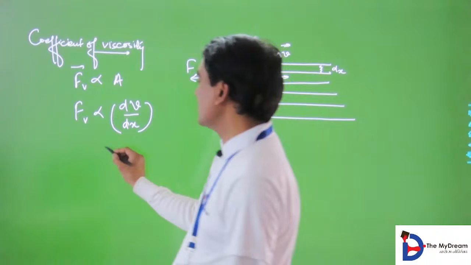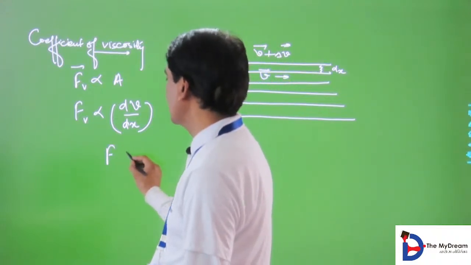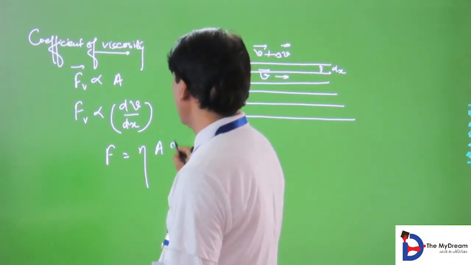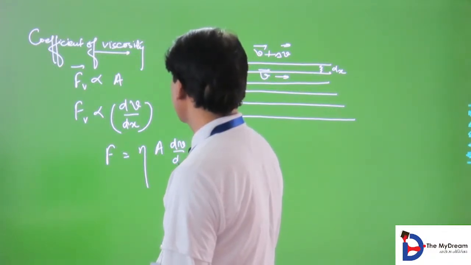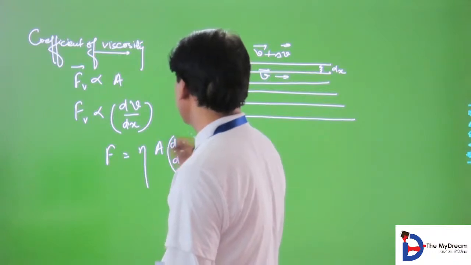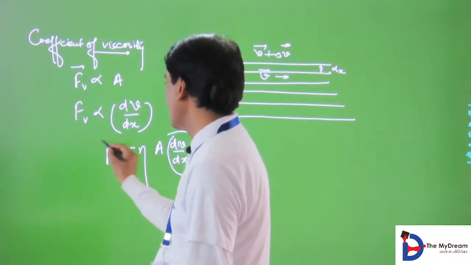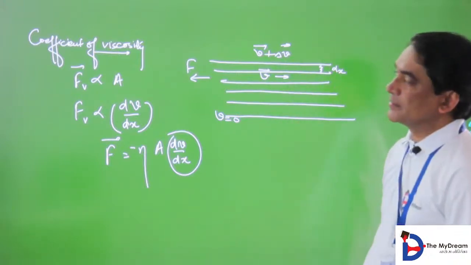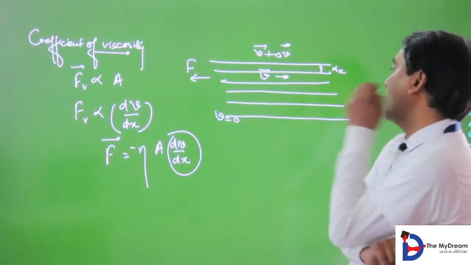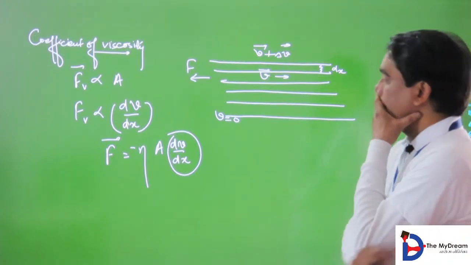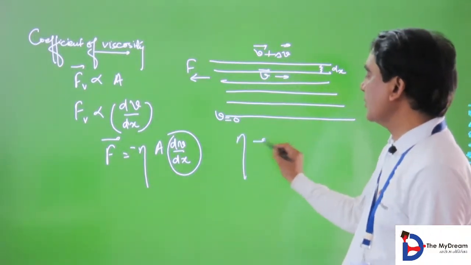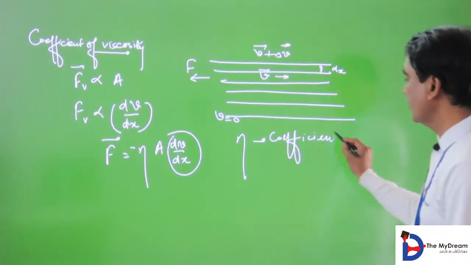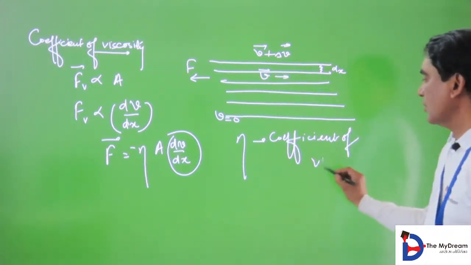As we combine these, F is equal to minus eta A dV by dx. The negative sign indicates there is a viscous drag opposite to the flow of the liquid, and here eta is the coefficient of viscosity.